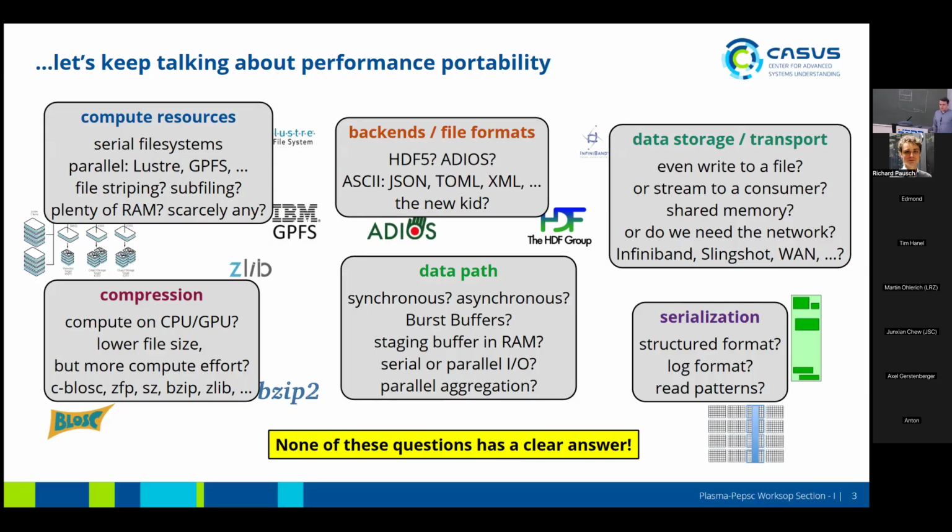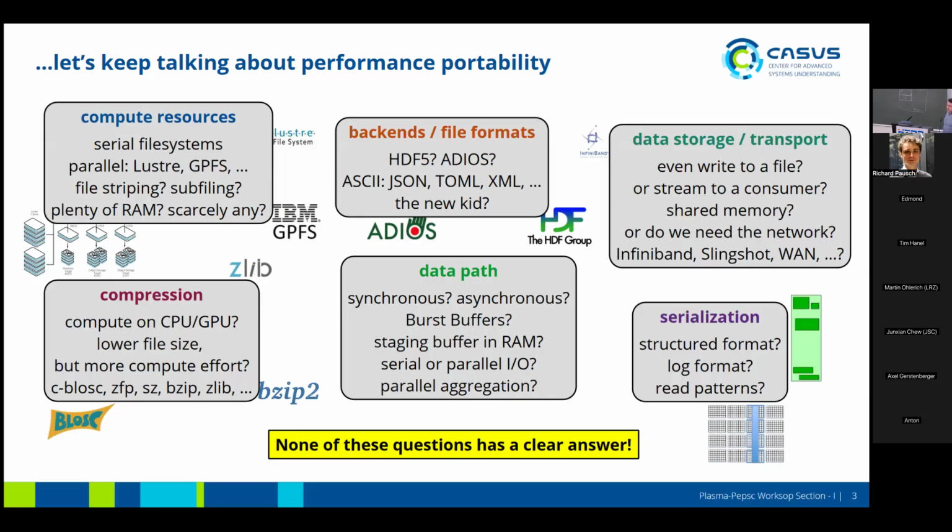Then the question is, okay, which file format do I use? HDF5 is widely spread. There's the ADIOS project, which strives for performance at full scale. Or do you maybe want to write ASCII data? Maybe there's something new around, or some workflow that just requires something that isn't really there yet.